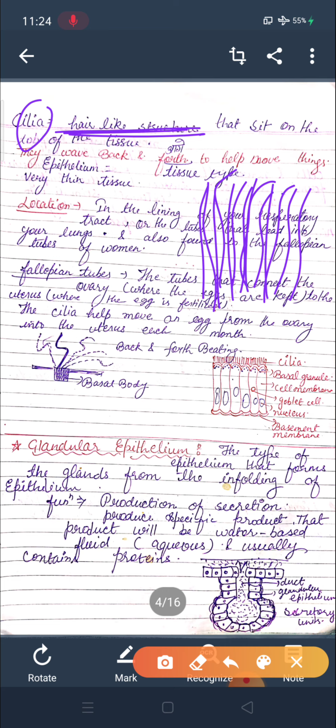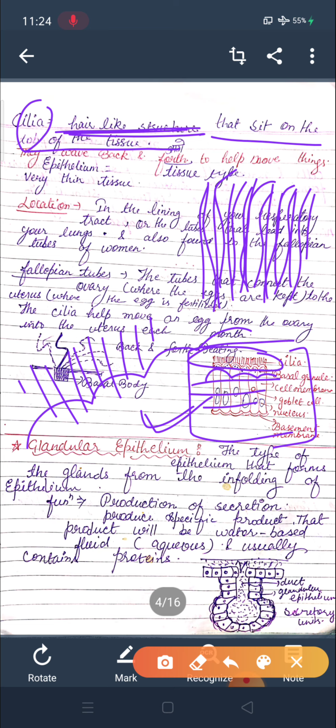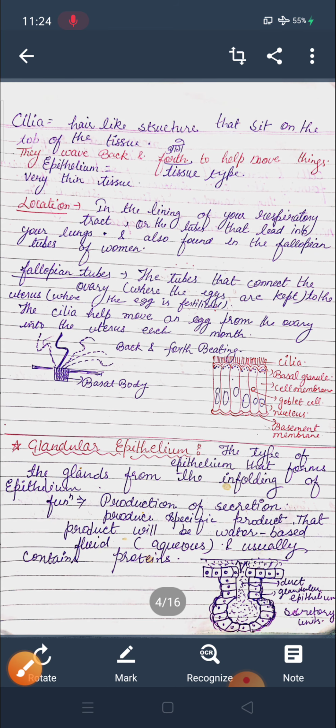They are hair-like structures that sit on the top of the tissue. It is its diagram. These are cilia and this is tissue. Its surface is containing cilia, right?